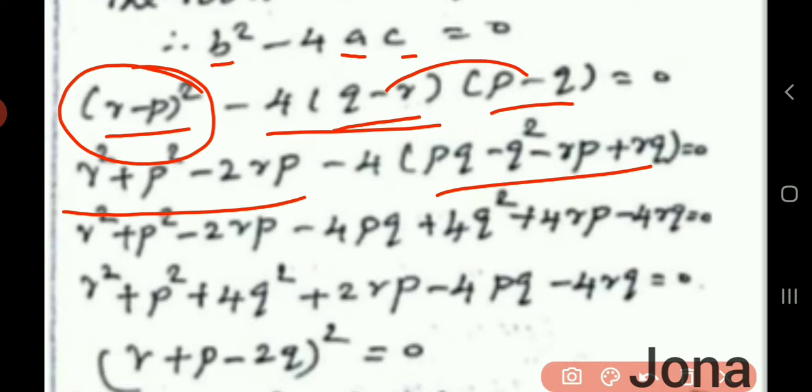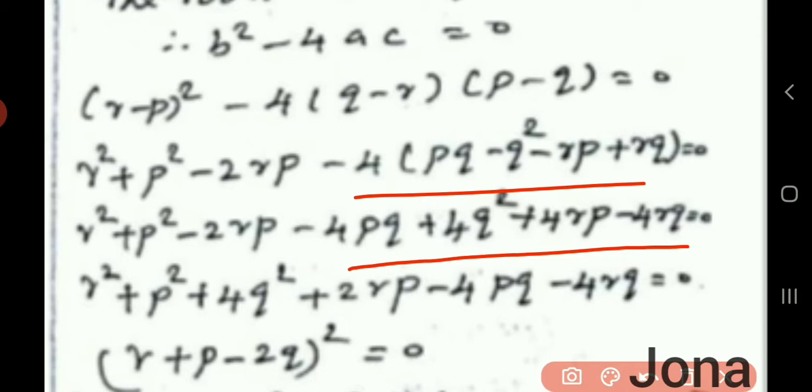The next term, we want to remove this bracket, so multiply with 4 here, so minus 4p q plus 4p q square plus 4rp minus 4rq now.